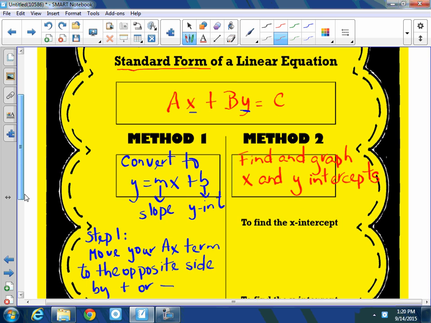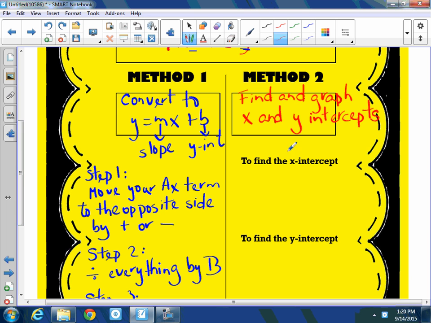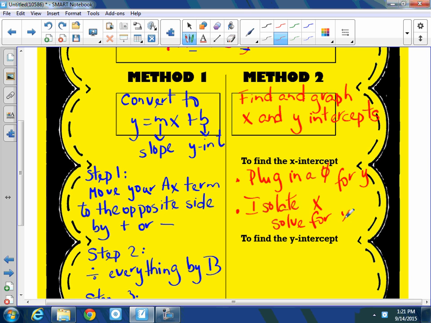For your x-intercept, you're going to plug in a 0 for y, and then you're going to isolate and solve for x.